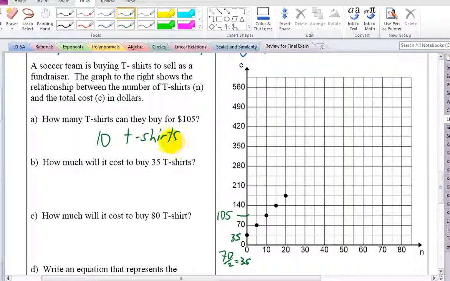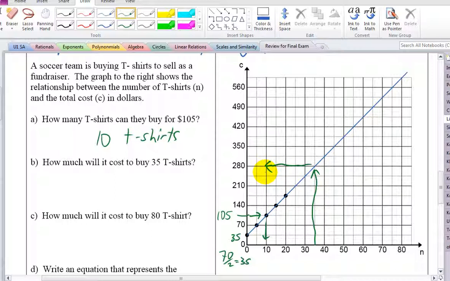So it's simply go over and then down. What about 35 t-shirts? Well, we better make our line here. So take your ruler and make a nice line here. So now at 35 t-shirts, you can go up to your line and over to figure out your cost.